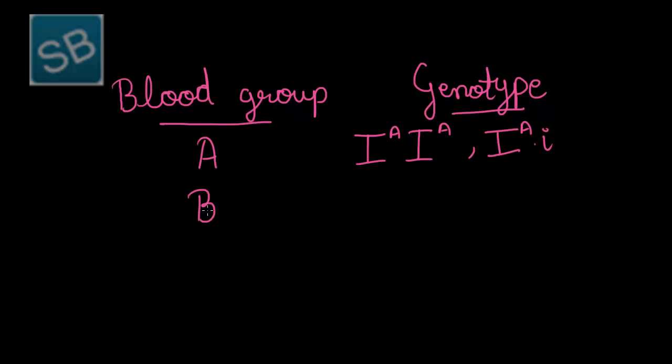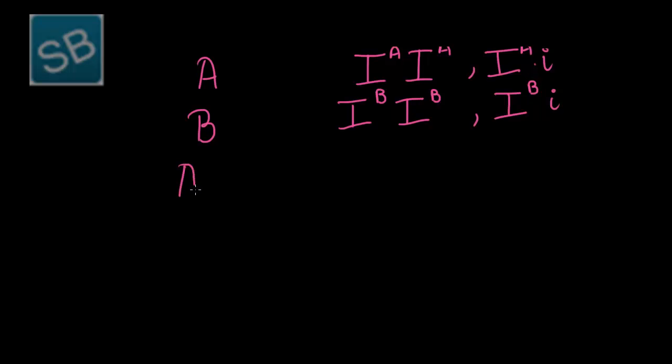Second, blood group B can have genotype IB IB or IB i. Similarly, blood group AB can have genotype only IA IB. And blood group O will contain only two small i. That is, it contains both the antibodies while AB contains only antigens.